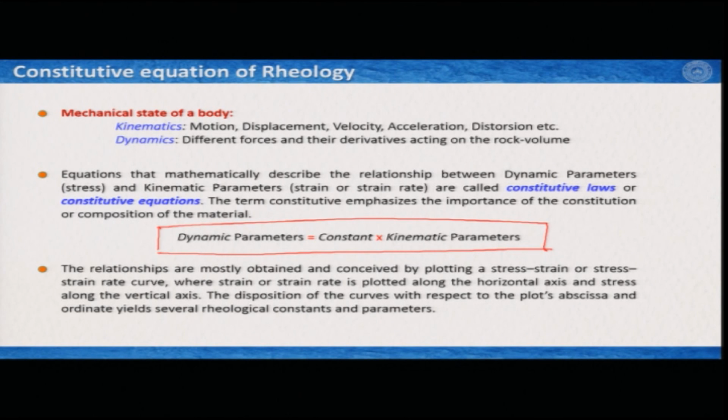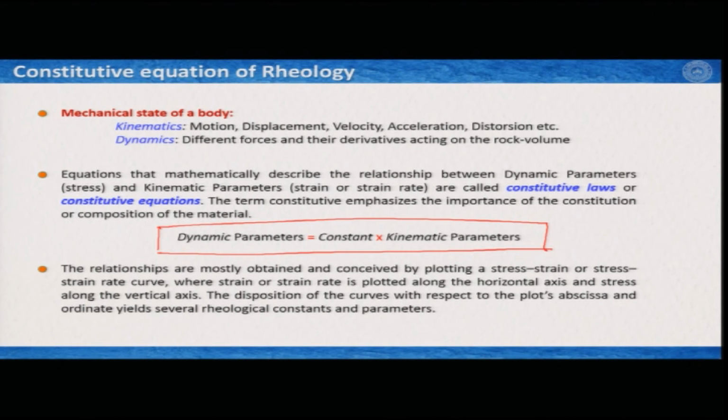If I try to write in general, any rheological equation should have a form like this: dynamic parameters and kinematic parameters equated by a constant, right. And this probably comes from the second law of Newton, where force is equated to the acceleration multiplied by mass, where acceleration is your kinematic parameter, mass is a constant, and force is one of the dynamic parameters.